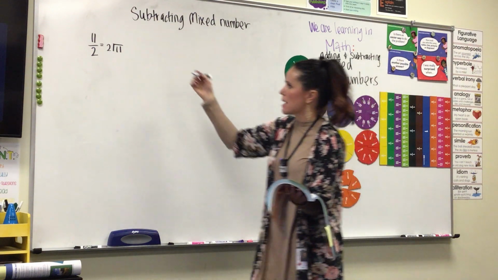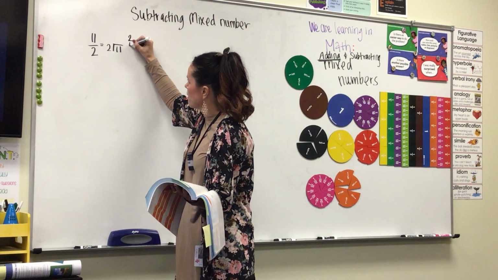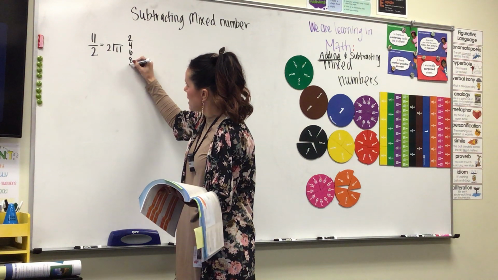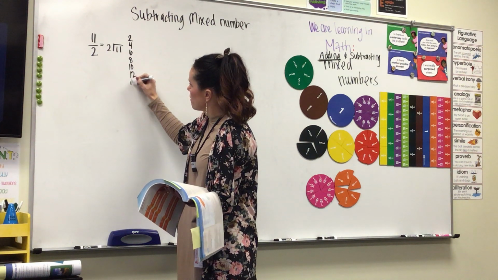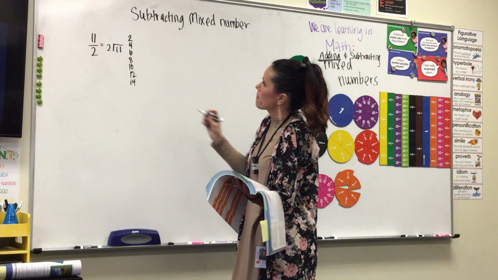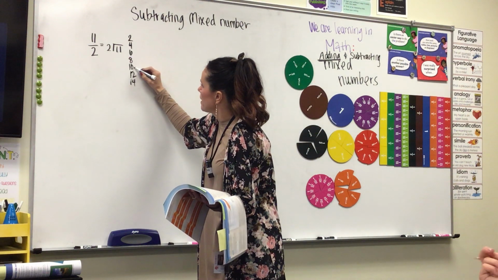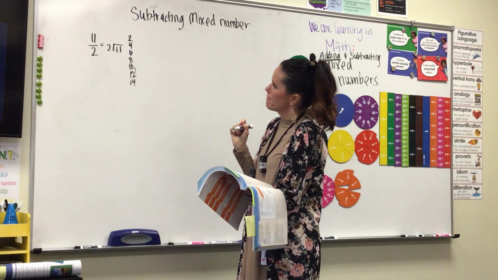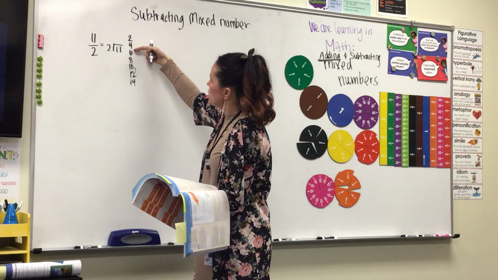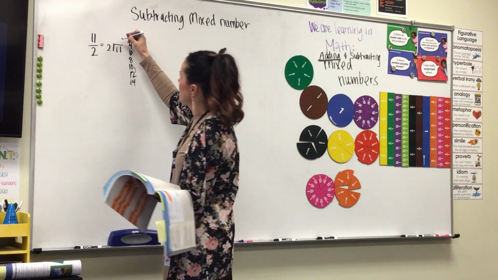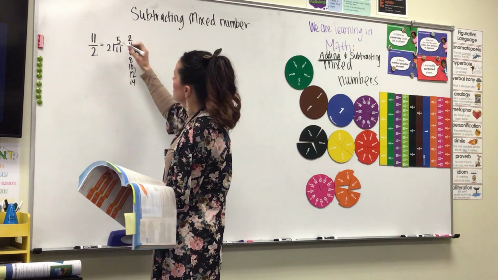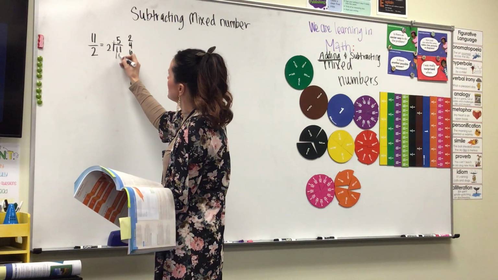We're going to skip count together. Ready? Go. 2, 4, 6, 8, 10, 12, 14. Stop. I'm finding 11. 11 is somewhere here. So that's 1, 2, 3, 4, 5 multiples down. 2 times 5 is 10.